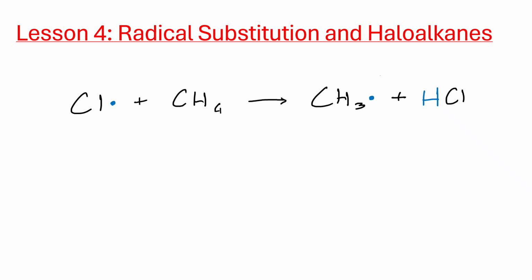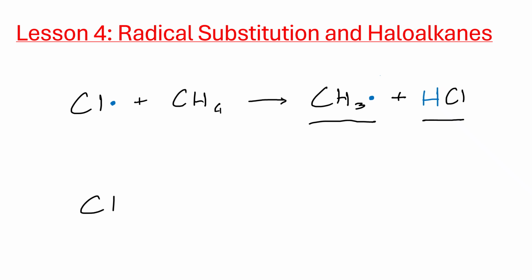So these radicals proceed to react with the alkane molecule, and in effect, they steal one of the hydrogens off the alkane. This causes the formation of a hydrogen halide, but also an alkane radical. And the reason why the alkane became a radical is because now it has an unpaired electron on the carbon.